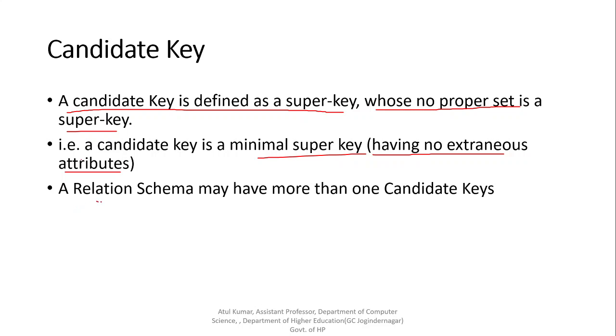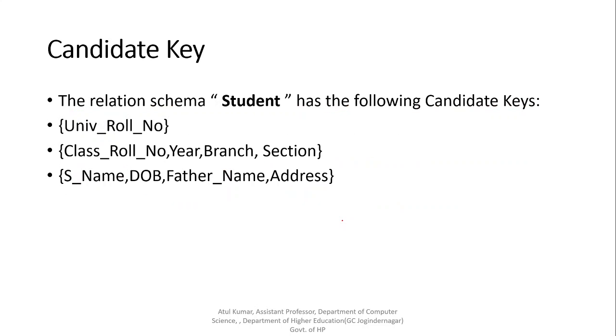A relation scheme may have more than one candidate key. So in a relation you can have more than one candidate key. For example, in the previous relation like student, we have candidate keys.